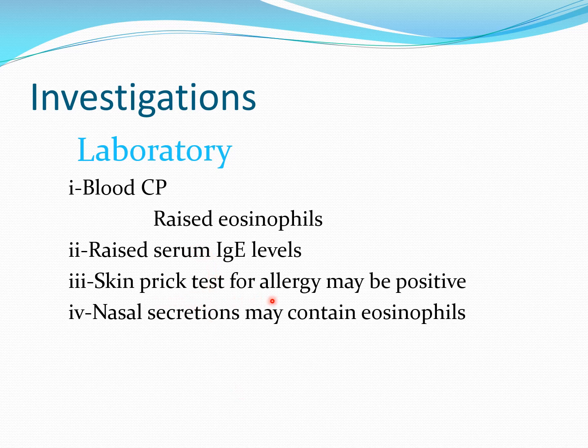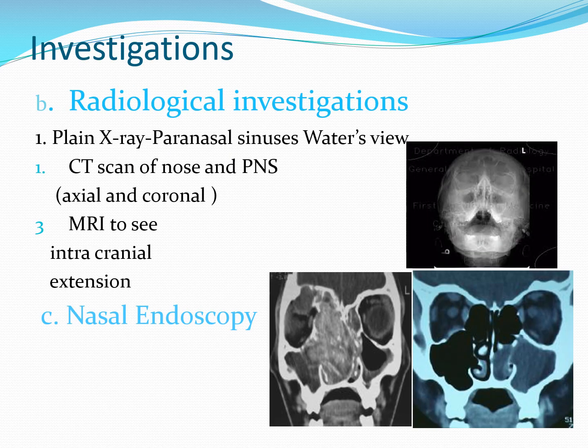Skin prick test will be positive in atopic individuals. Atopy is the congenital predisposition to allergy. When you examine nasal secretions under microscope with the help of hematoxylin and eosin stain, you will see eosinophils in the nasal secretions.